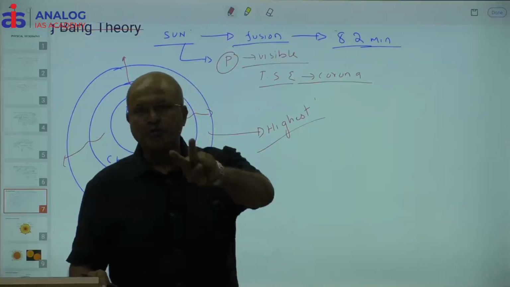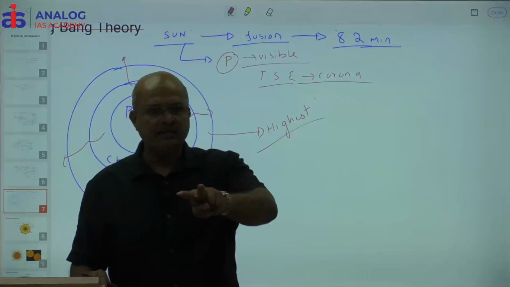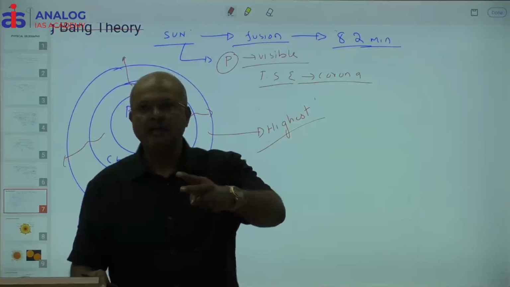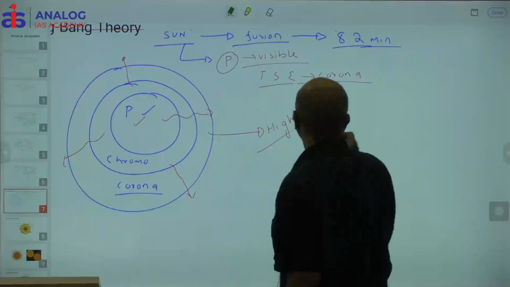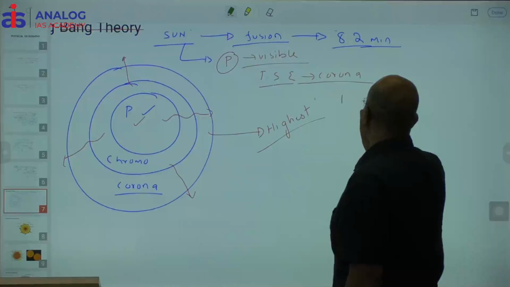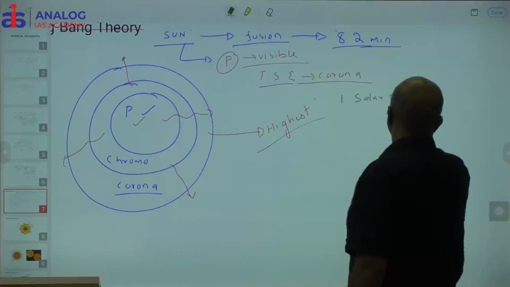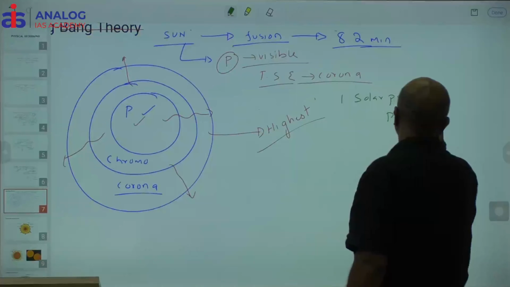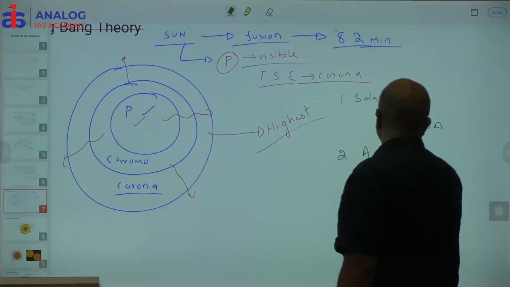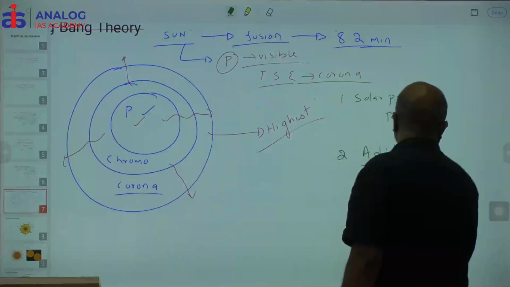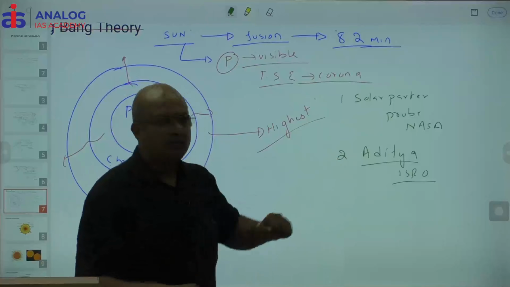That is where two missions are there. One is the Parker Solar Probe of NASA, and the second one is the mission Aditya, launched by India. These two are making efforts to study.